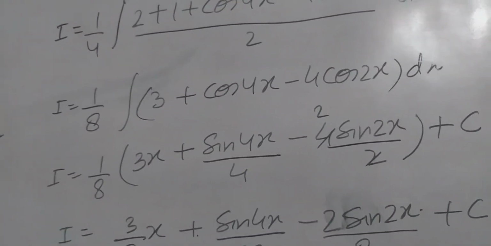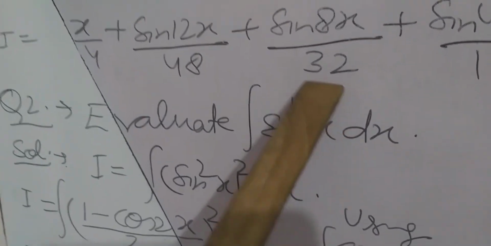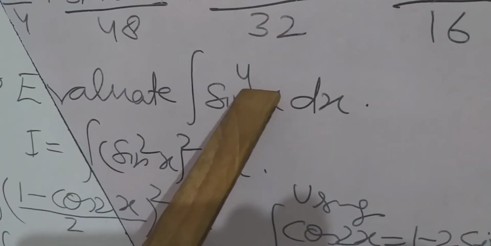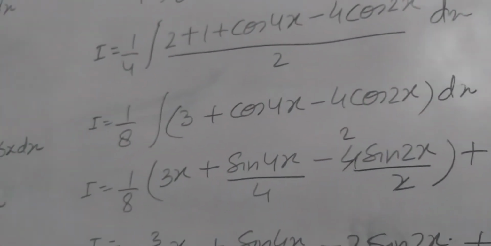Now students, all the powers have been removed. Here what power is given? 4. Sin to the power 4 x. So to remove this power, we have applied here sin square x equals 1 minus cos 2x upon 2 and cos square x equals 1 plus cos 2x upon 2.